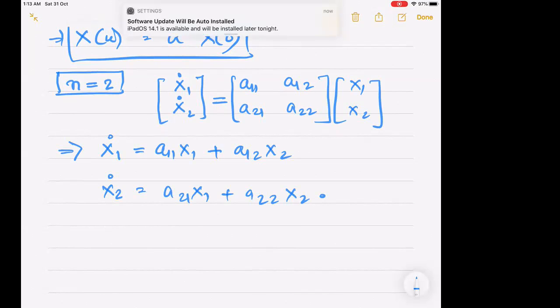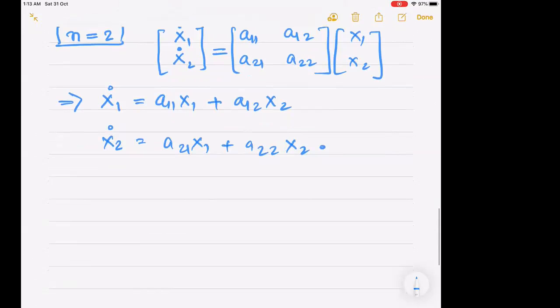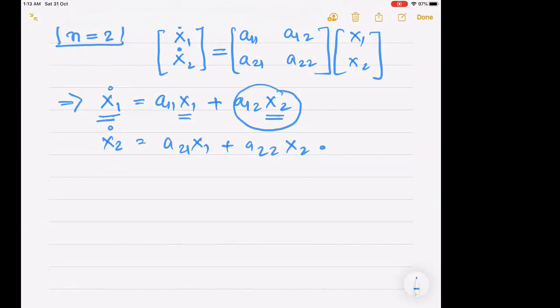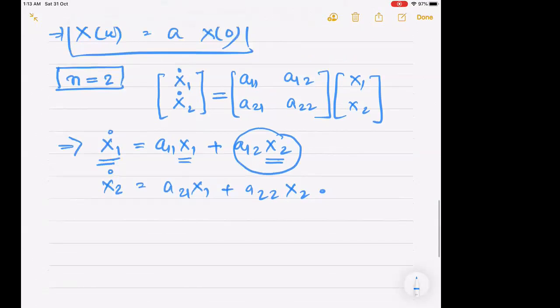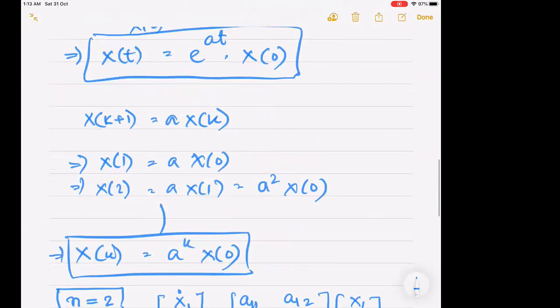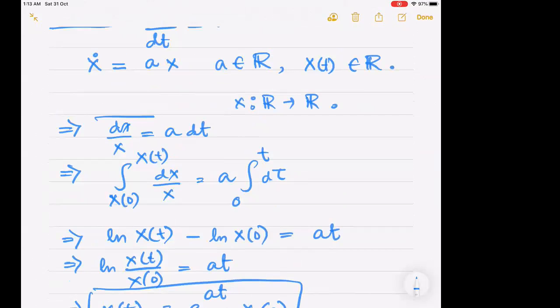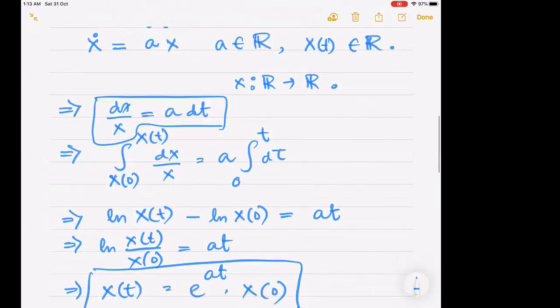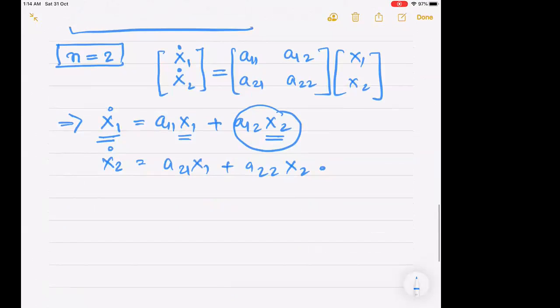Actually, if you think about this carefully, this is a chicken and egg problem. Why so? Well, x1 dot has x1 as well as x2. So unless I know what x2 is, I will not be able to solve this. Compare this with the earlier situation. We didn't have multiple variables, we just had only one variable x, and that's why we could do this trick. But here we can't. In order to get x2, the equation that x2 satisfies involves x1.